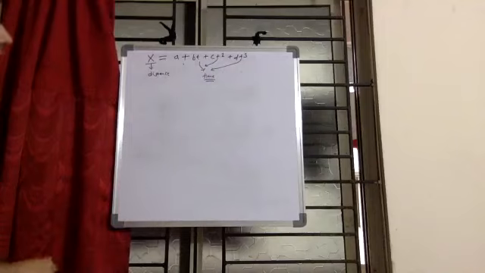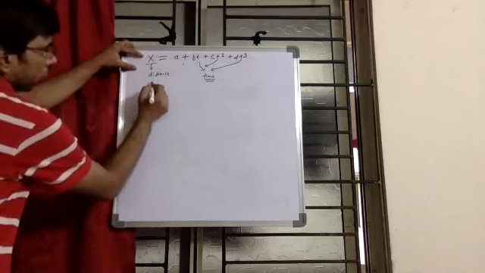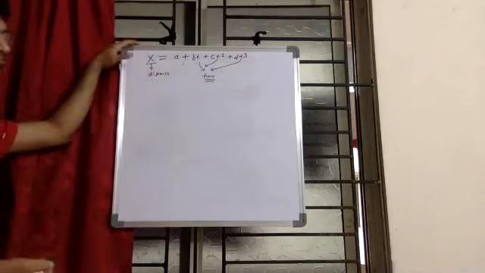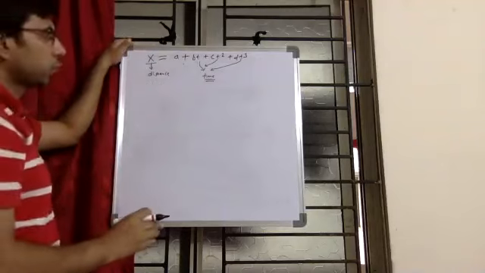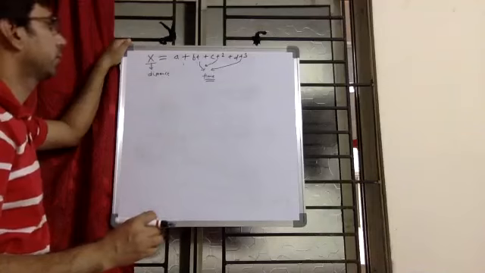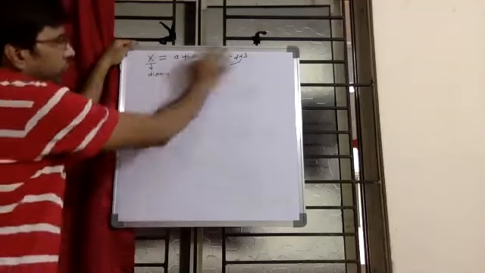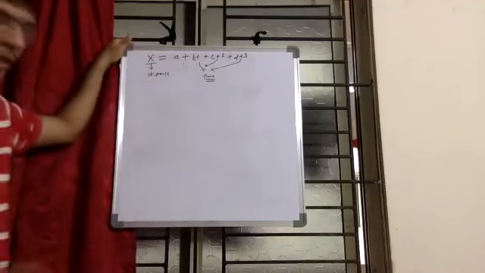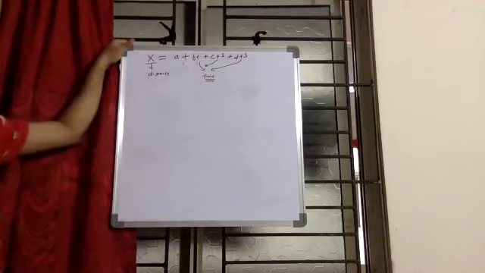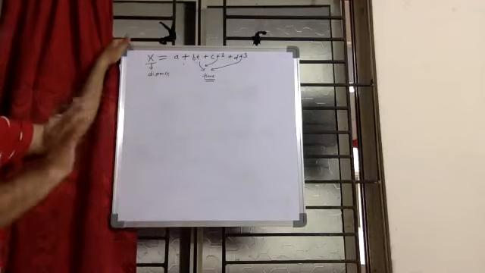In this case, first of all, this is X. For an equation to be applicable, or if an equation is correct, then it must be dimensionally correct. But vice versa is not true.